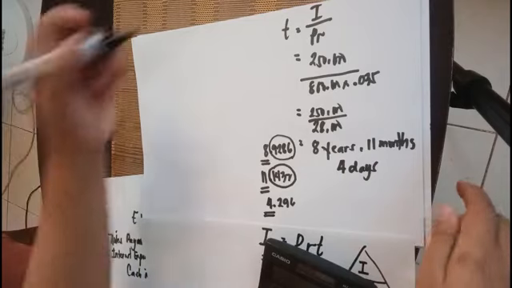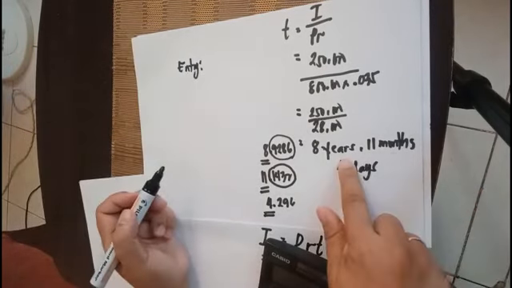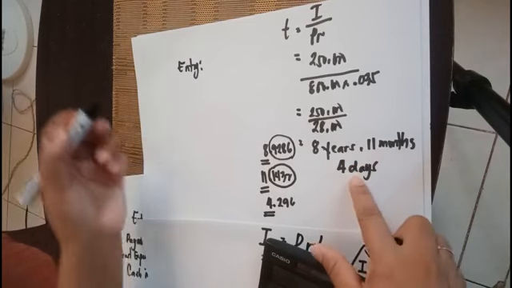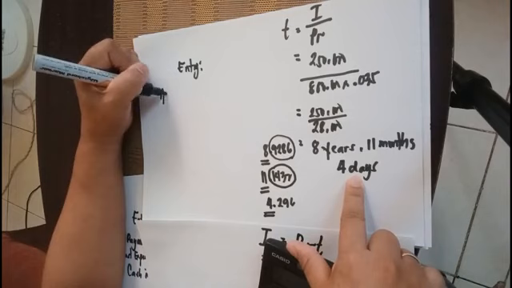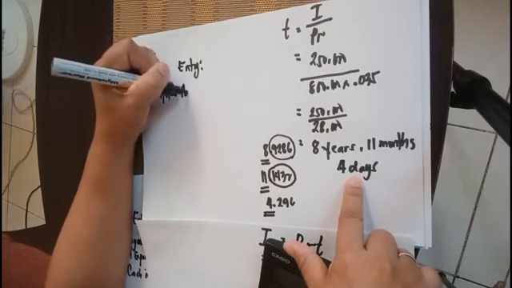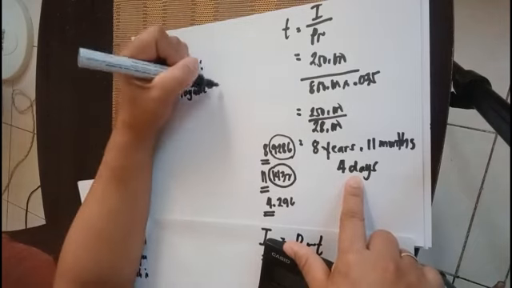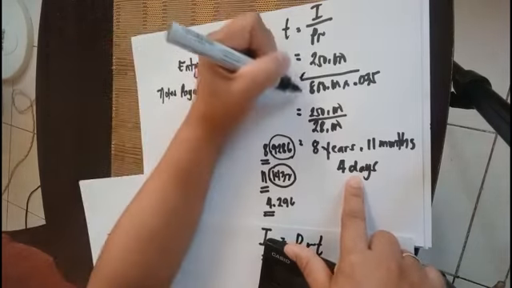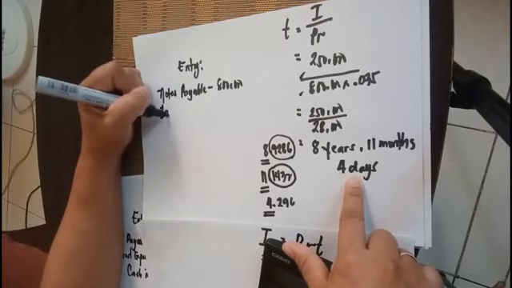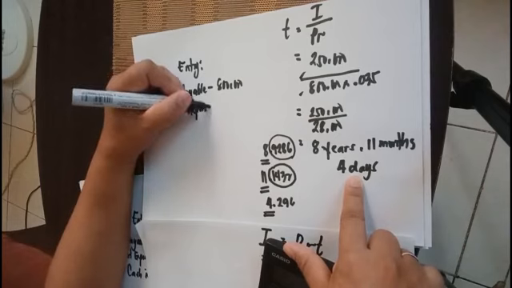So the accounting entry will be, after 8 years, 11 months, and 4 days, she's going to pay the interest. We first record the notes payable, or accounts payable, of 800,000 pesos. Then we have payment of interest, which is interest expense of 250,000.